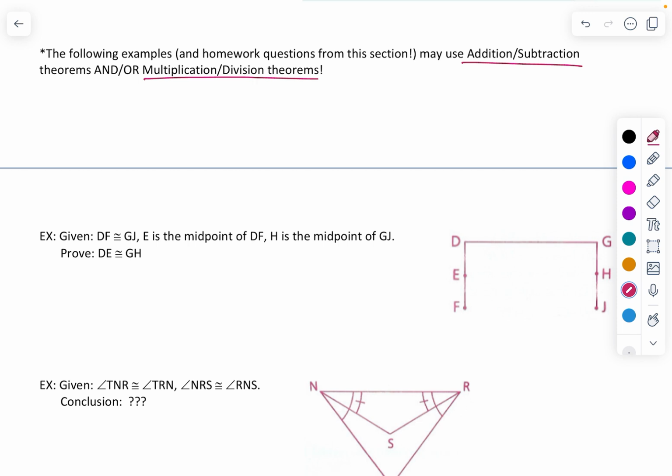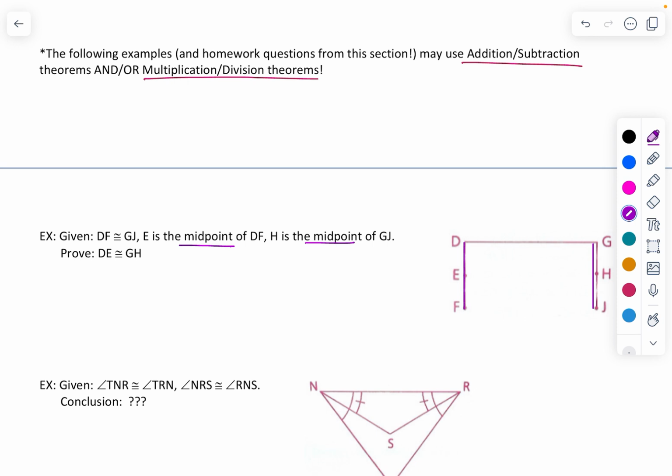So let's see here. It says given DF is congruent to GJ. And notice it says midpoint. E is the midpoint of DF and H is the midpoint of GJ.